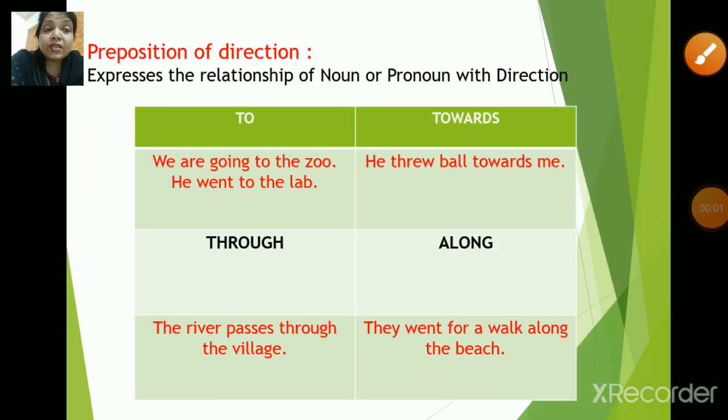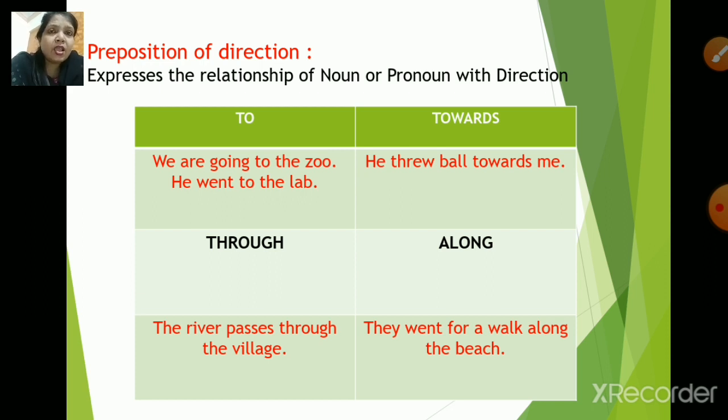Now we can also express directions through a few words like to, towards, through, along. To, that means we are going to the zoo. So it's telling us the relation over here: where are we going? We are going to the zoo. He went to the lab.